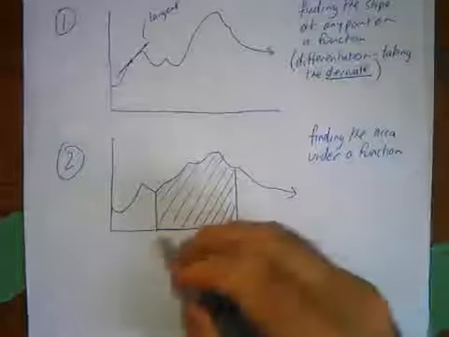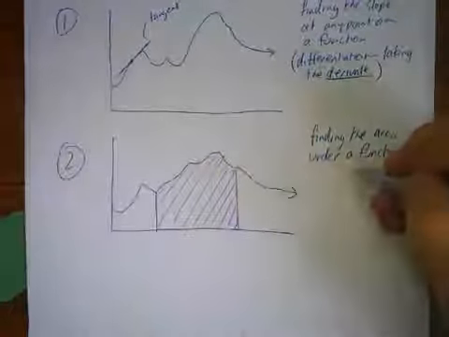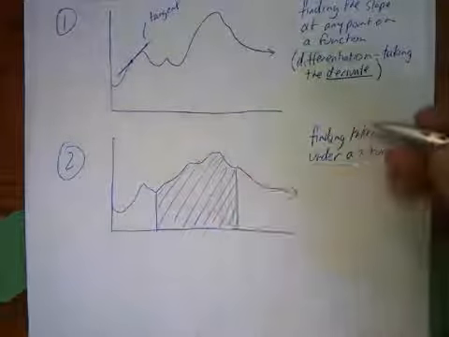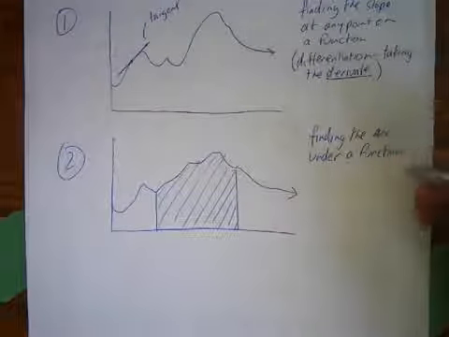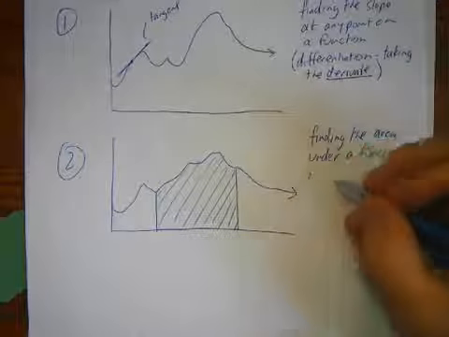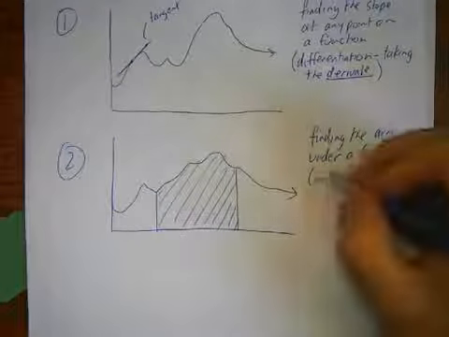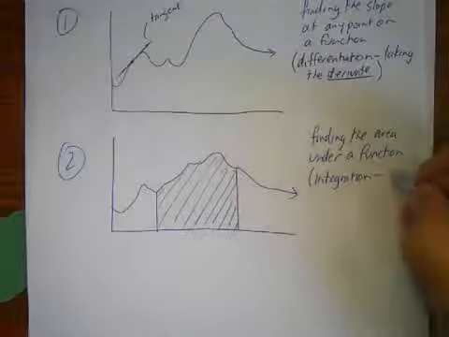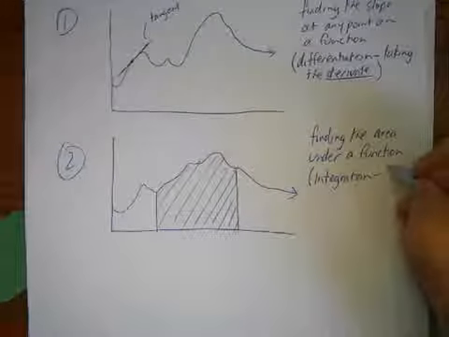And obviously you have to designate which 2 points you're doing this for, the beginning and the end. So that can be a very useful form of mathematics, and what we call this is integration, or if we put it in a sentence, taking the integral.